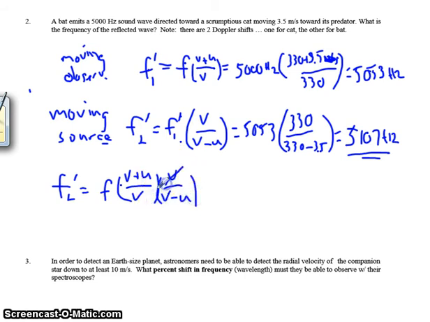We notice that the v cancels out, and we're given one nice equation, which is f times v plus u all over v minus u. Now the plus and minus are indicative of them moving toward each other. If they were moving away from each other, then these signs would reverse.